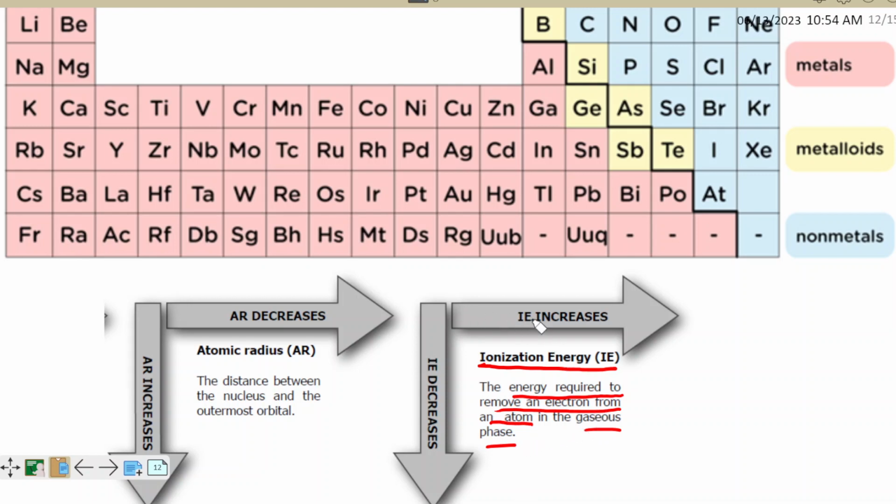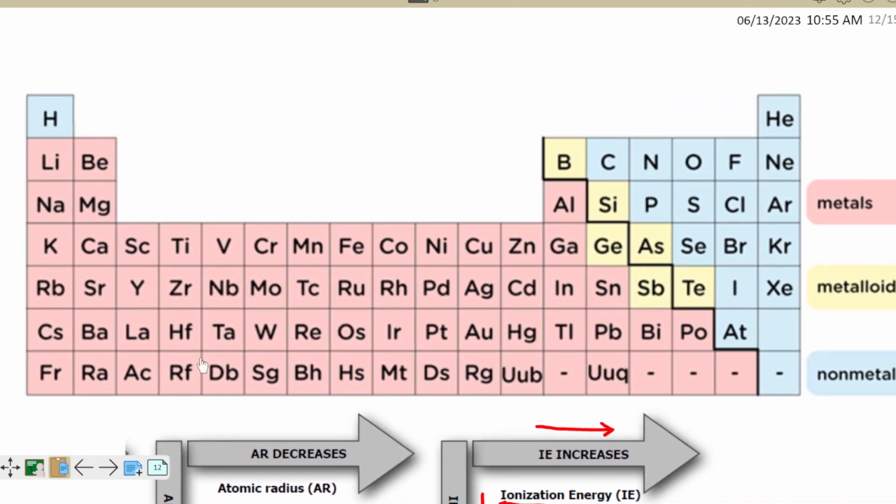If you look at the arrow here, the arrow says this way the ionization energy is increasing, but down this way the ionization energy is decreasing. In other words, in the periodic table, if you move from left to right, the ionization energy is increasing.